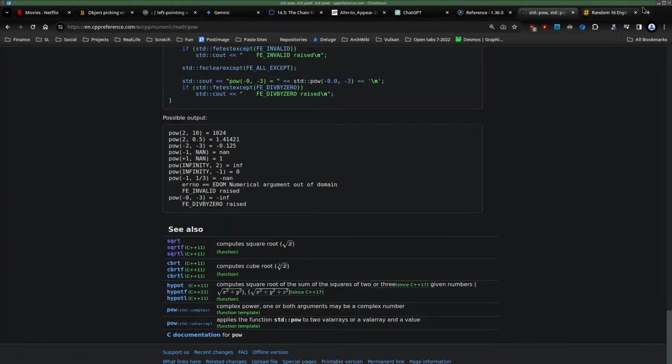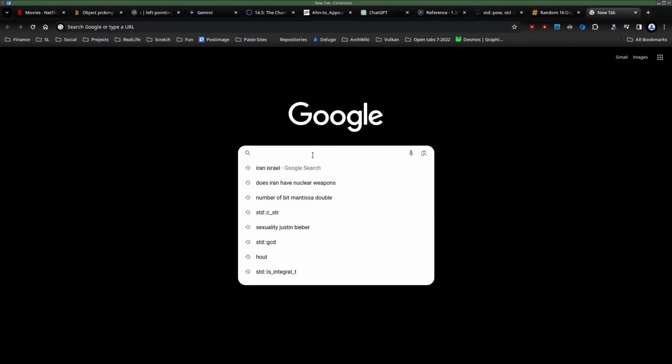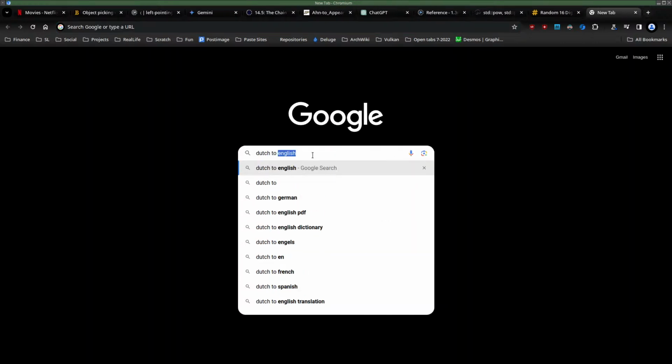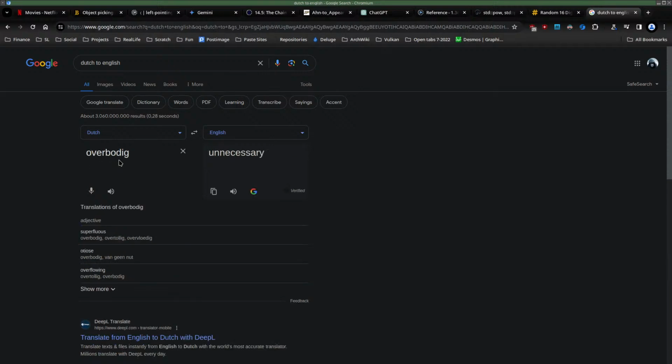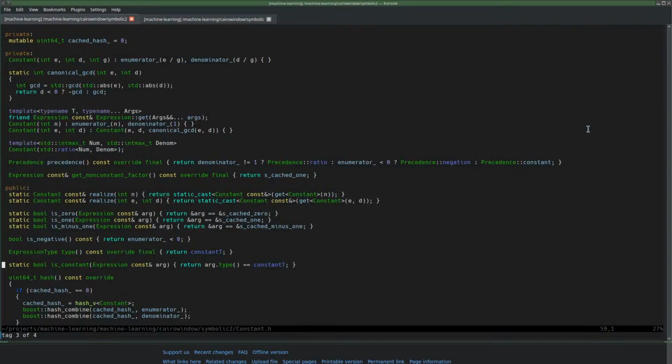I really don't know what the word is, man. Come on. Unnecessary. Seriously? It's not a word I was looking for. It's more like duplicate, redundant. I think redundant is the word.